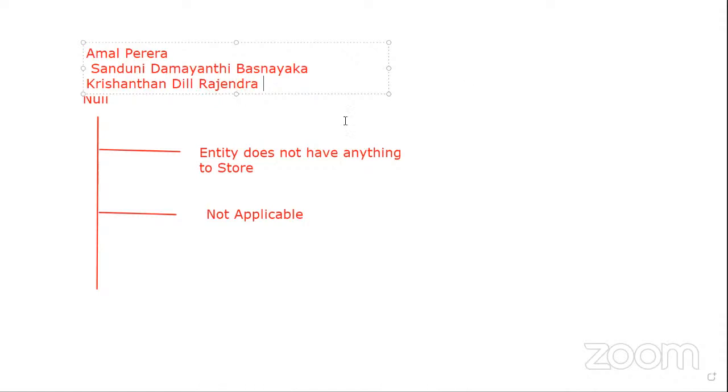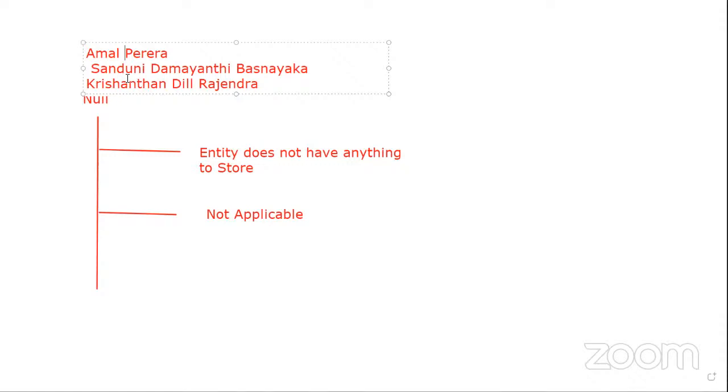Now, if you consider these three names, this one does not have a middle name, and these two names have middle names. Since this one doesn't have a middle name, what we call is that it is not applicable. It is not existing.